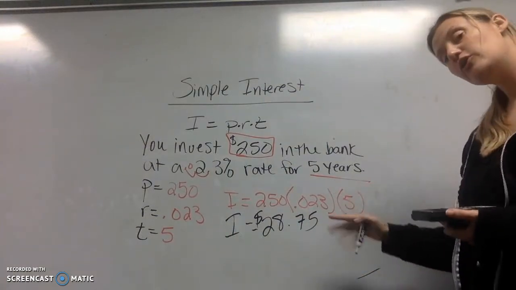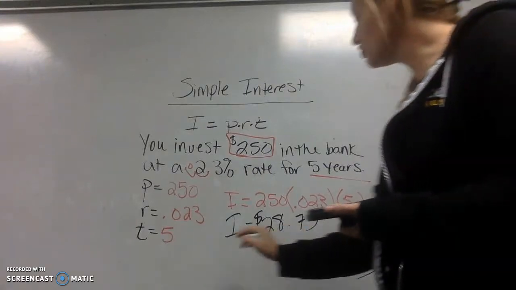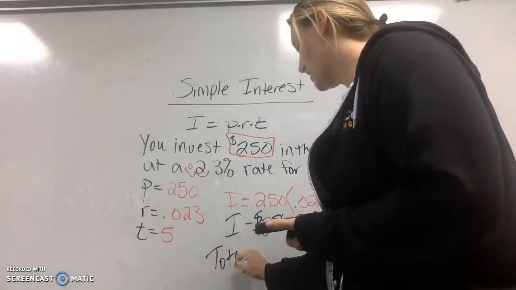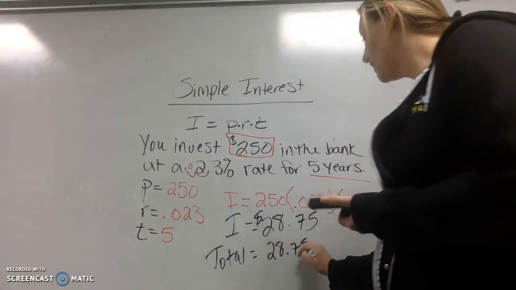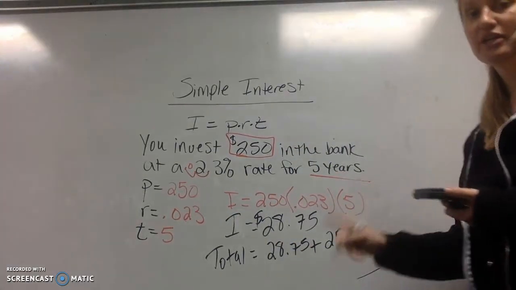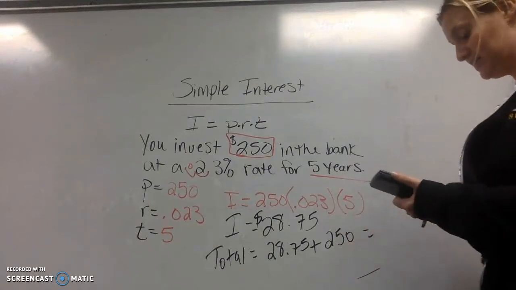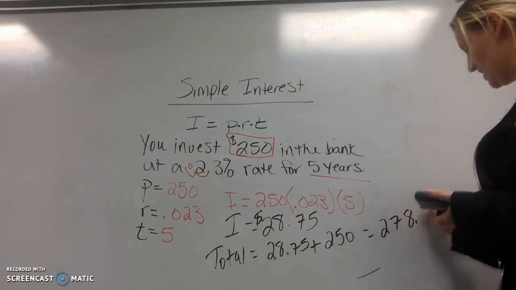If all they want to know is the interest, you can stop here. If they want to know the total amount of money that you have in your account, remember, that's the interest you've earned plus the 250 you put in there. So if they want a total, you would add those together, and we would get $278.75.